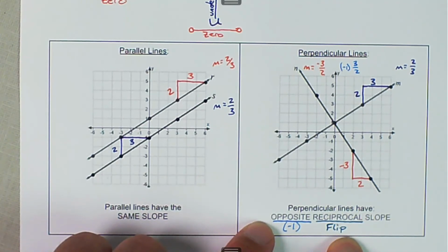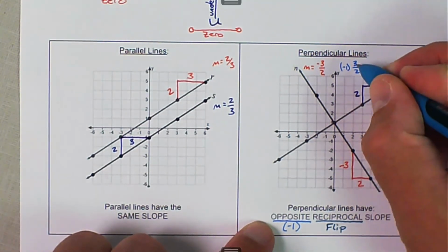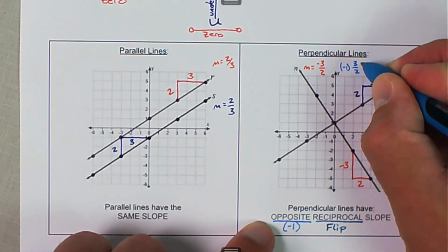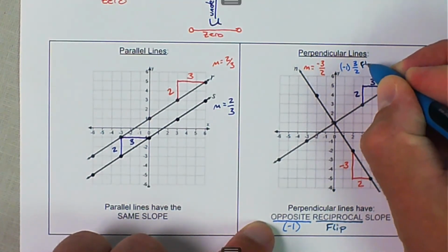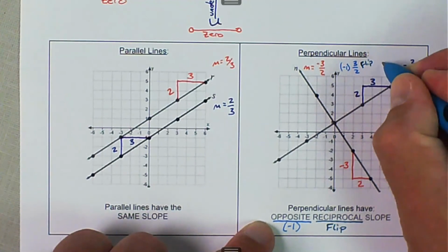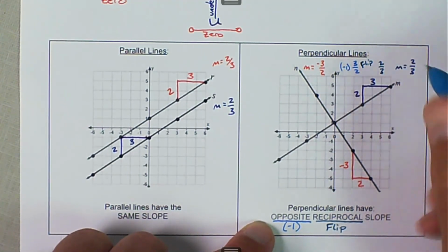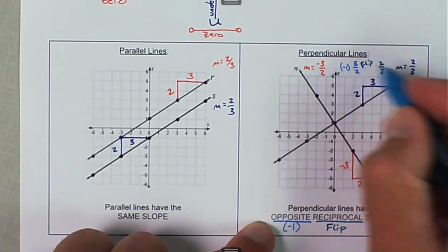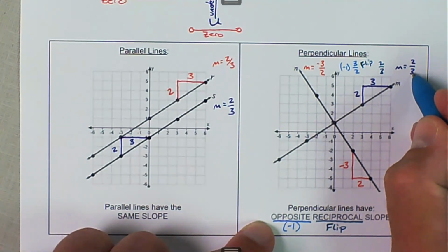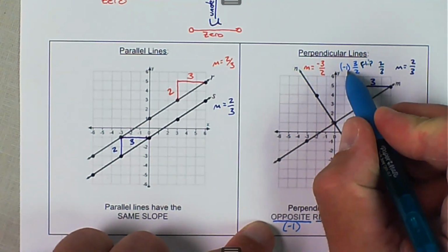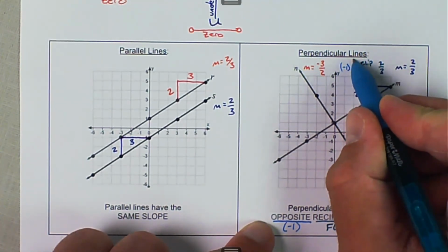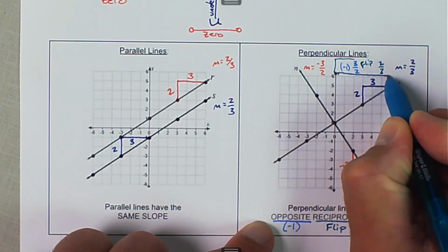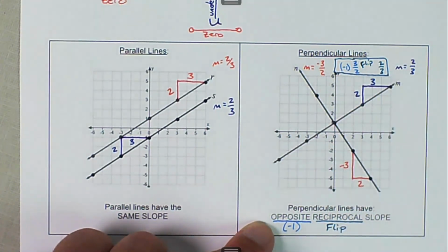And then we flip it, after we multiplied by that -1, and now it becomes 2 over 3. And that's how we get to our perpendicular slope over here. So multiply by -1, flip the fraction, and then you will end up with your perpendicular slope.